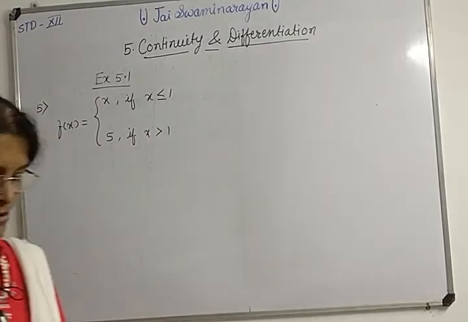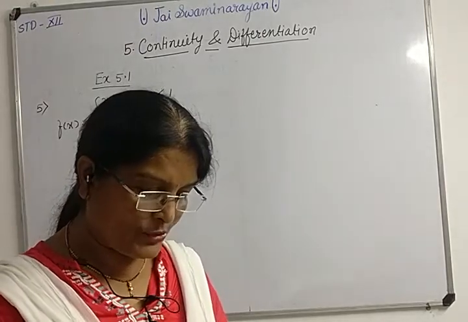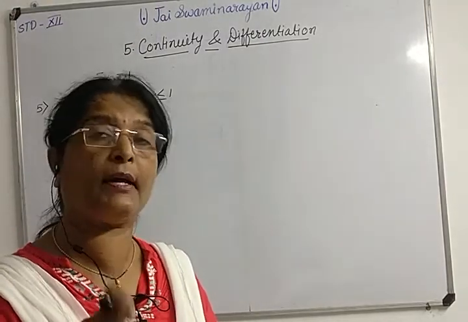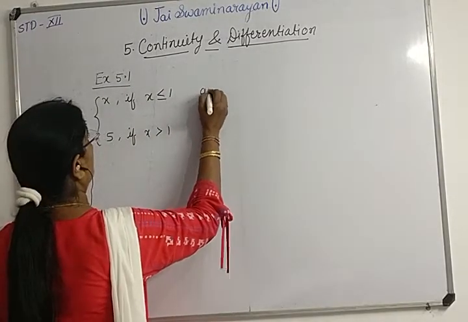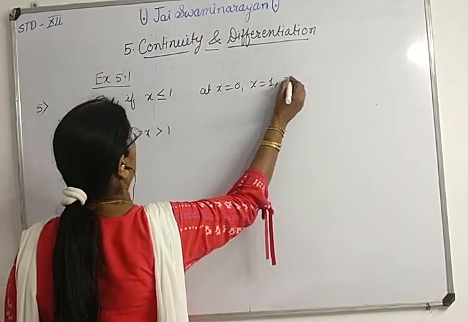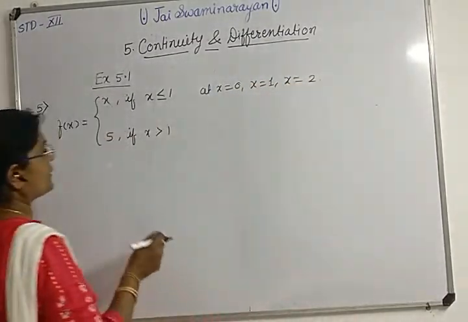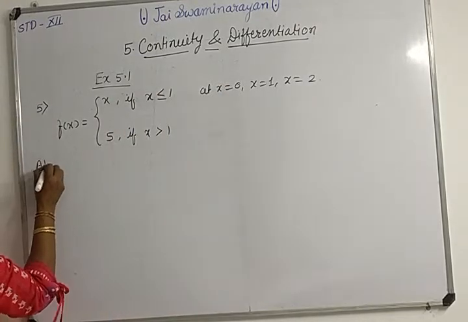Now we have to check whether it is continuous at x equal to 0, x equal to 1 and x equal to 2. First we will check it at x equal to 0.